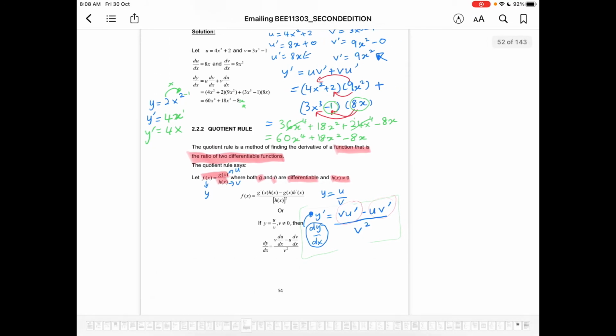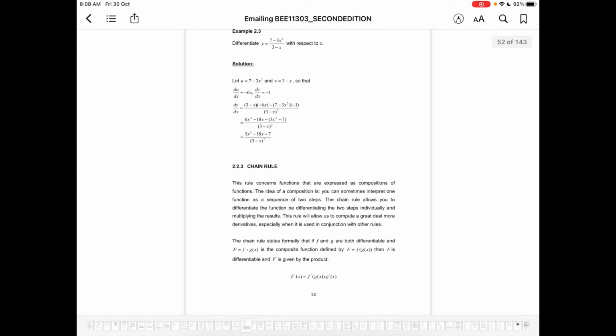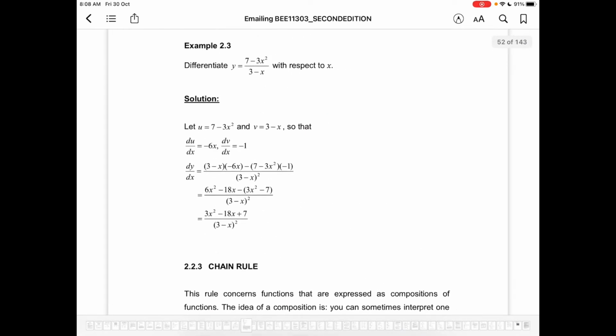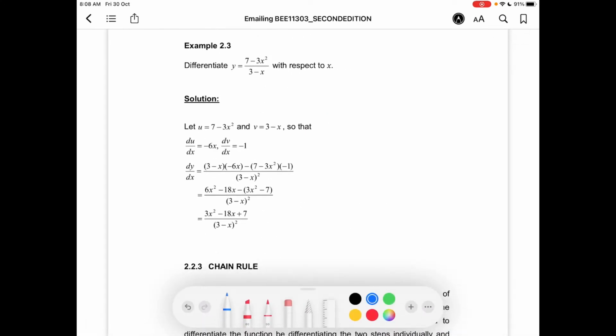Now we go to some examples. Example 2.3. We have y equals 7 minus 3x squared over 3 minus x. If you notice, y equals u over v.